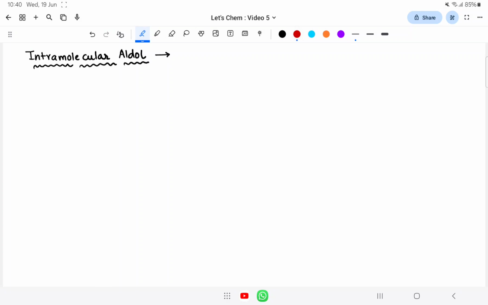The word aldol has been derived from two important words, that is aldehyde plus alcohol. Corresponding to aldol, there is something called ketol, but we do not prefer that name. Actually it should be called aldol and ketol, but as a whole we call it aldol only.